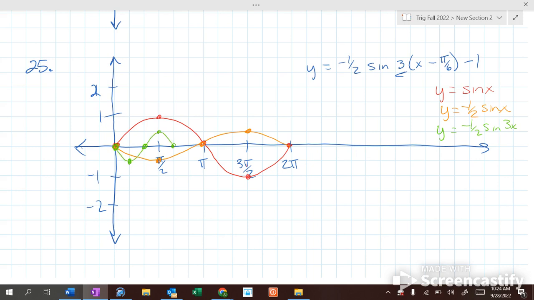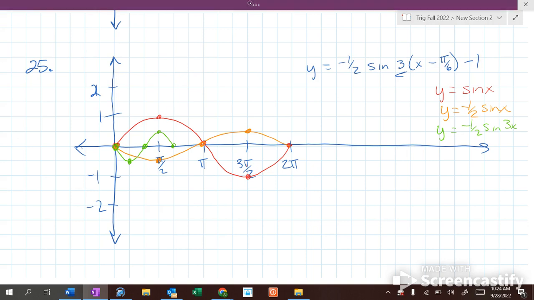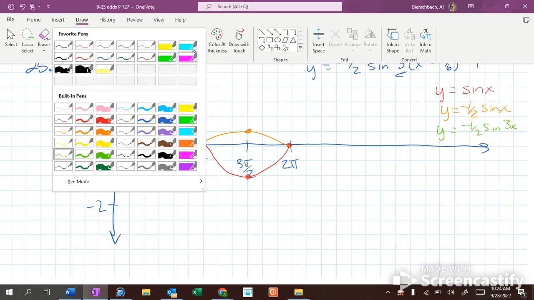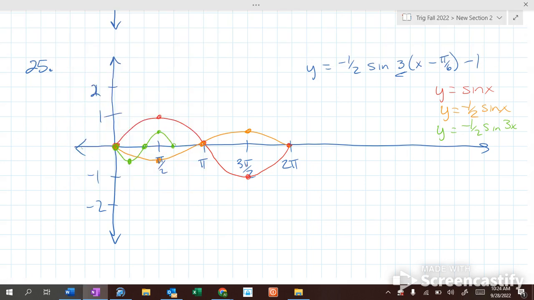Little skinny graph. And then minus pi over 6. How many squares is pi over 6 in this case? 1 square. So I go 1 to the right because minus pi over 6 moves it to the right, 1 square.